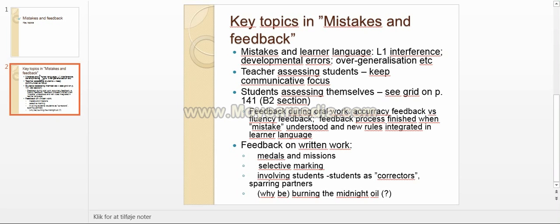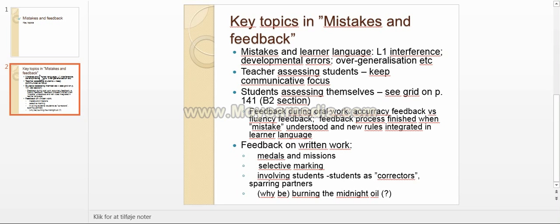For instance, they might be taught that you add -ed every time something is in the past, and then they might start adding -ed to forms that already have the -ed in them. So they might have come across "danced" and say, oh yes, this is past, I have to add the -ed, so it's going to be, for instance, "danceded" or something. But they tend to overgeneralize.